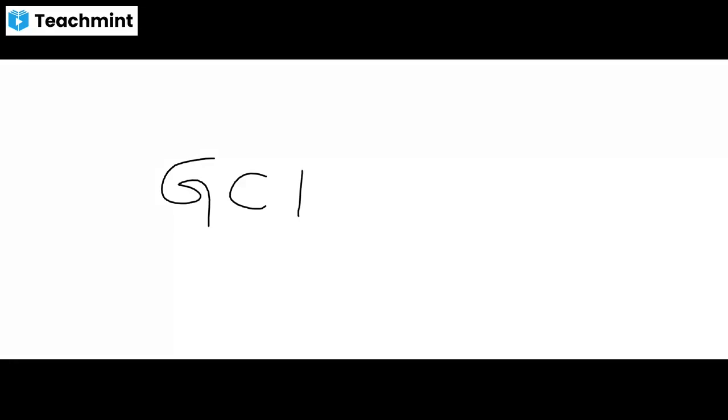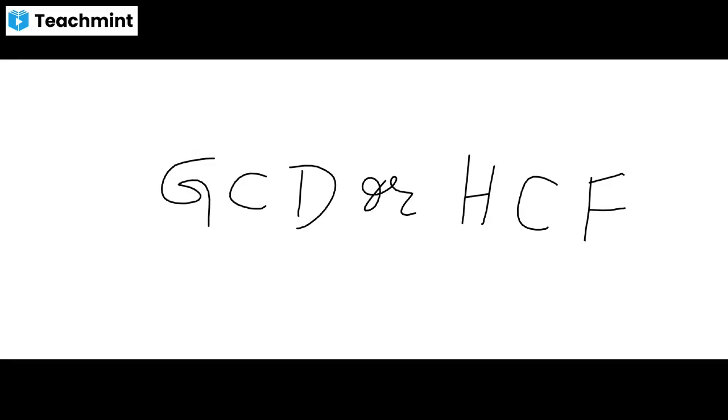You may know the full form. GCD means greatest common divisor. HCF means highest common factor. So both GCD and HCF mean the same thing. Whether you say GCD or HCF, it is the same.